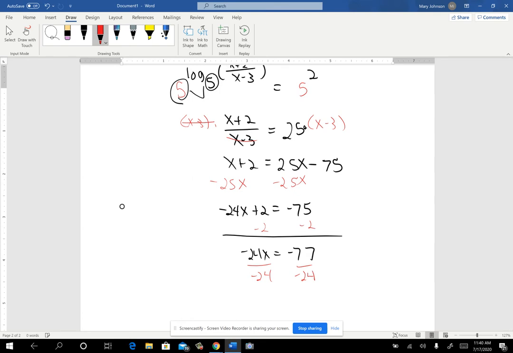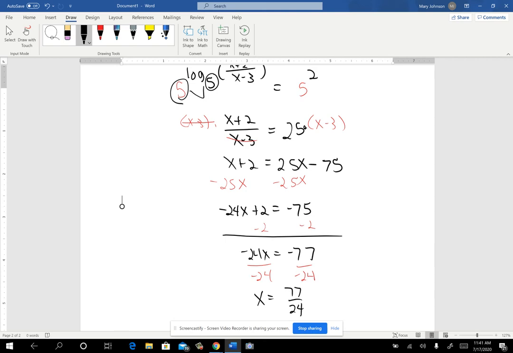All right, and you do want to write that fully simplified. So you go ahead and do that, and you get a positive number. And it turns out to be positive 77 over 24. All right, now that feels weird.